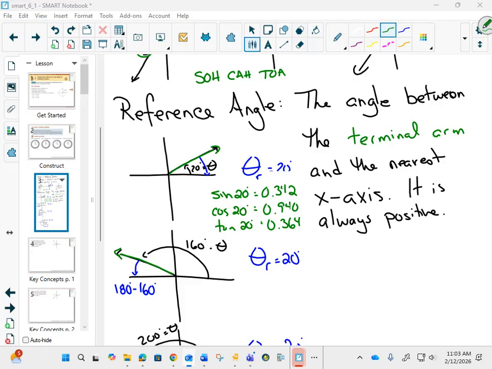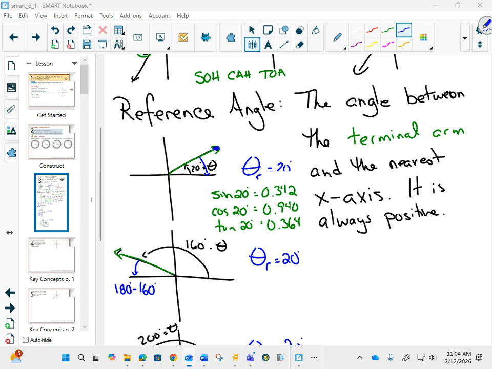Now, if trigonometry says that sine is opposite over hypotenuse, cos is adjacent over hypotenuse, and tan is opposite over adjacent, what that is telling us is that when I type in sine of 20 degrees into my calculator, that means I can draw a triangle anywhere with 20 degrees.